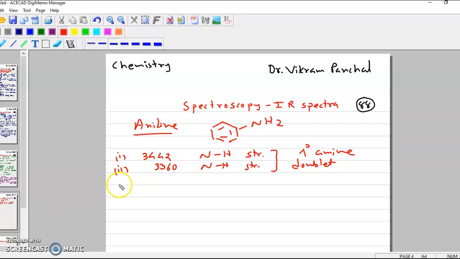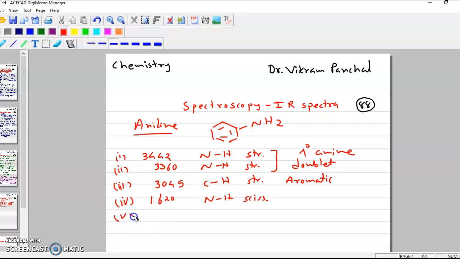Here the third band will be at 3045. This is because of CH stretching, and as the value is greater than 3000, it is due to aromatic CH stretching, sp2 hybridized. The next band appears at 1620 centimeter inverse. It is due to NH scissoring.